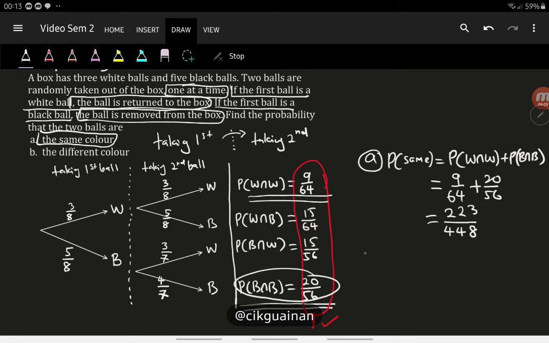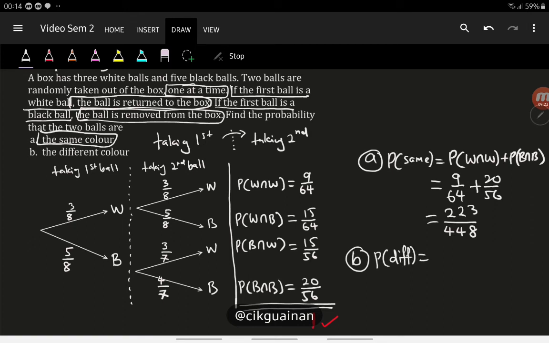Now for B, the second one is the probability of a different color. As you can see, there are only 4 possible combinations: the ones that are the same and the ones that are different. The same ones are these two, and the remaining are the different balls.